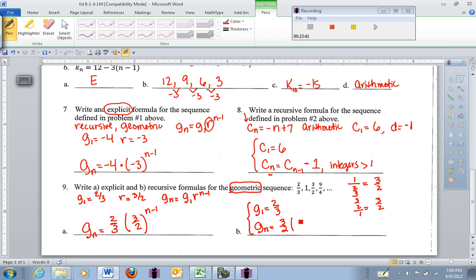Probably didn't need parentheses there, but the previous term, which would be g sub n minus 1. Okay? Then we're going to say this is for integers n greater than 1. This would look better. I'll rewrite it down here. It's 3/2 times the previous term. So g sub n equals 3/2 times the previous term.